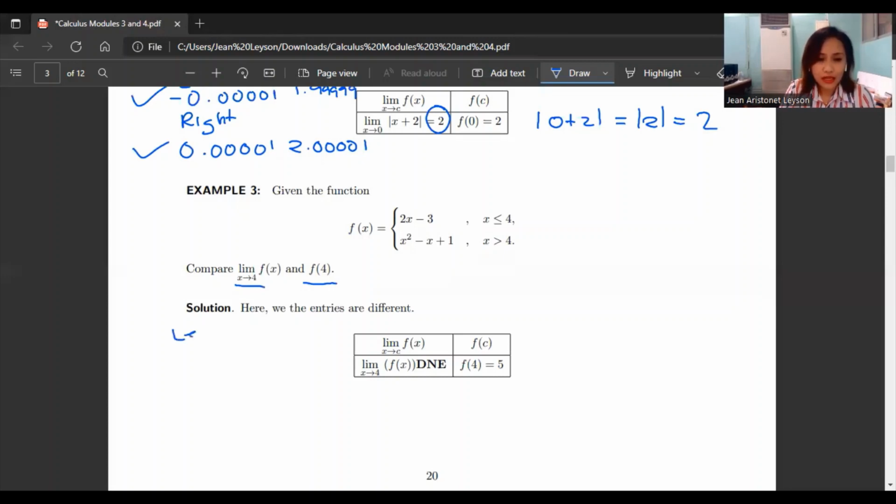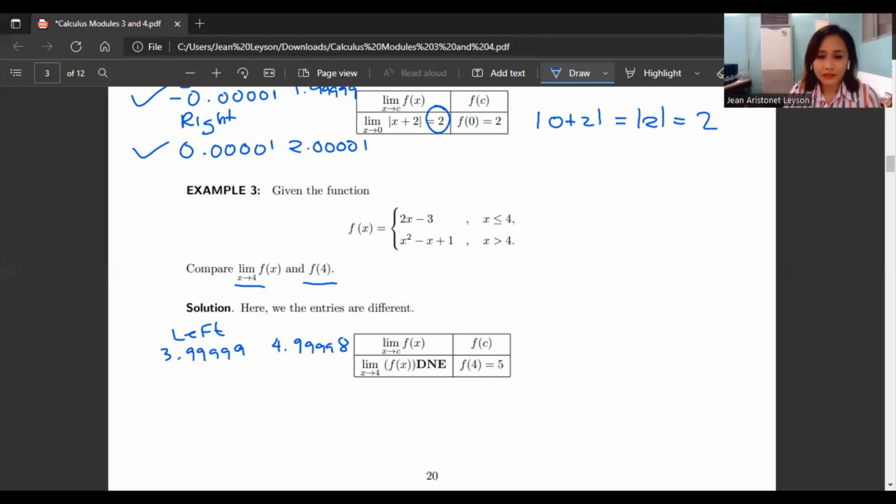For the left side, a value that is close to 4, we can have 3.99999. Evaluating that will give us 4.99998. Again, you can recheck this one in your calculator.